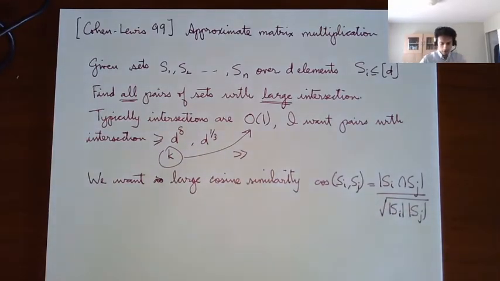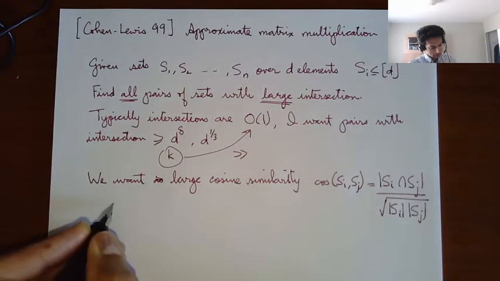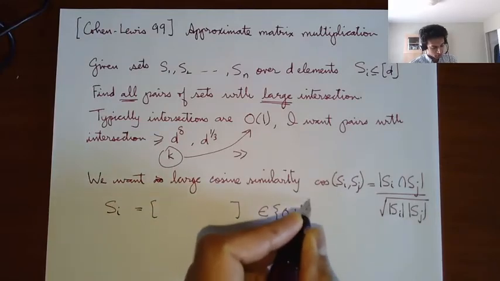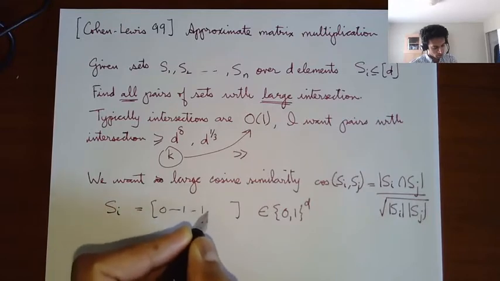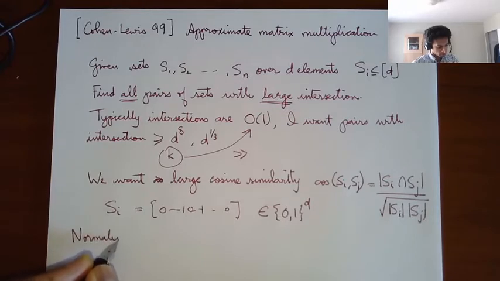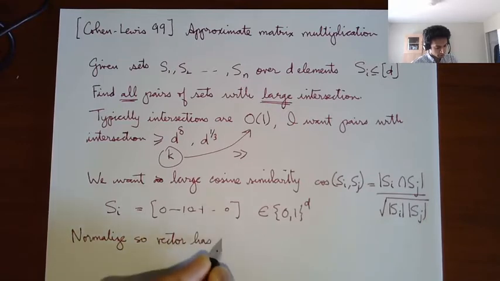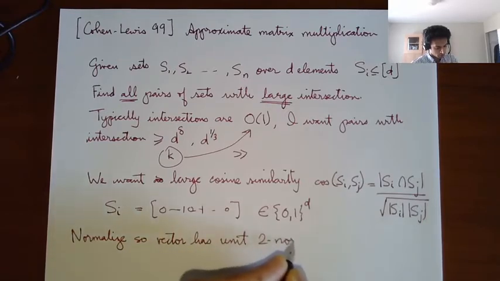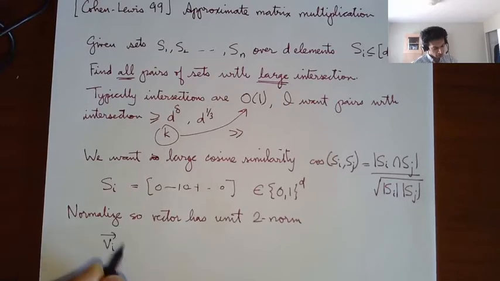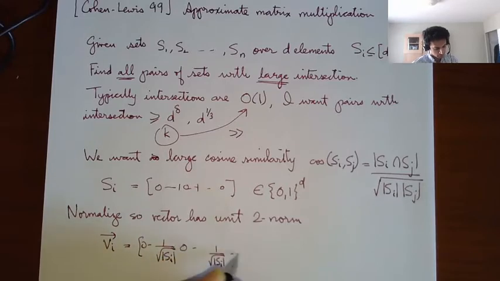Really, the way to think of this is that you look at each Si, you can think of it as a vector in {0,1}^D. So it's got zeros, ones, zeros, and so on and so forth. What I could do is normalize the vector so it has unit L2 norm. What that means is the normalized version, which I'll refer to as Vi, would have 1 over root |Si| wherever there's a 1 and zeros otherwise.